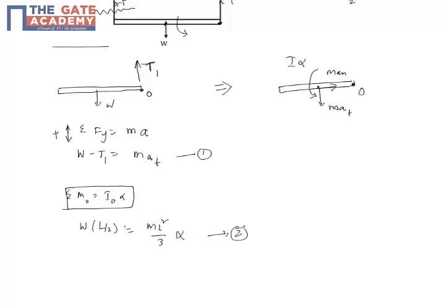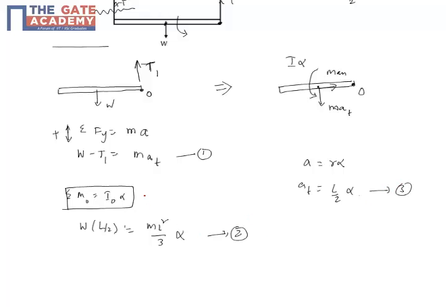This is equation 2. Remember, if the rod is moving about this point, the tangential acceleration of any point has to be r alpha. So the tangential acceleration of G will be L by 2 alpha. We use this equation as well.